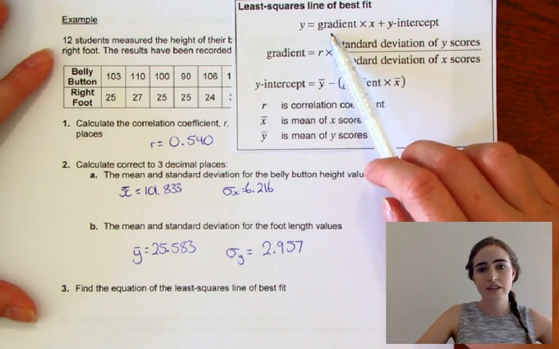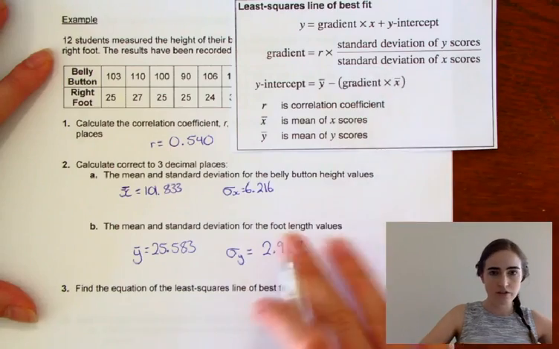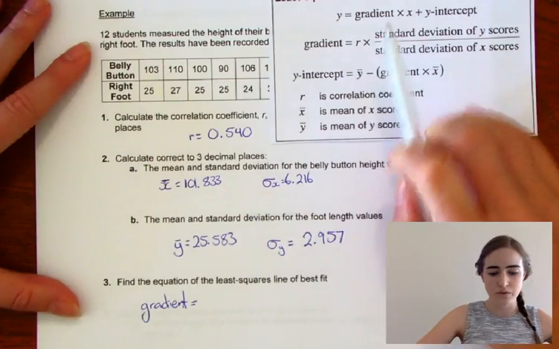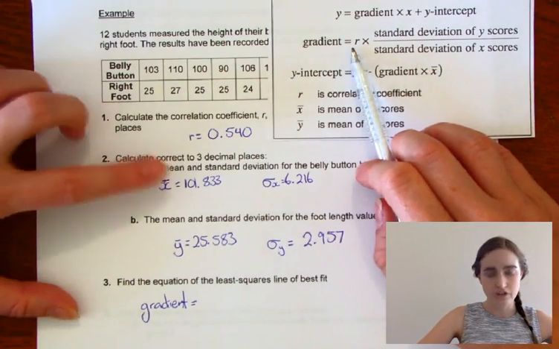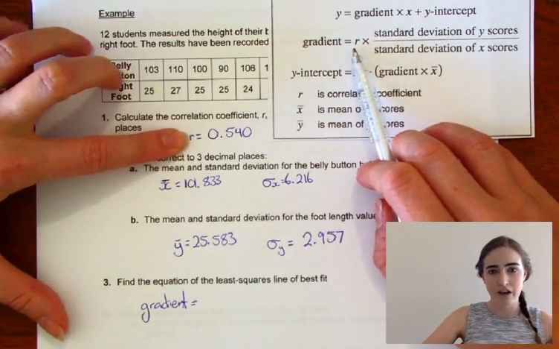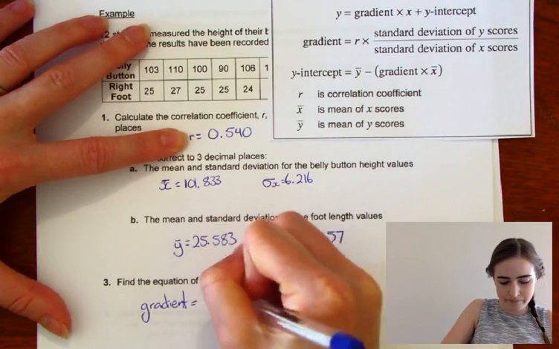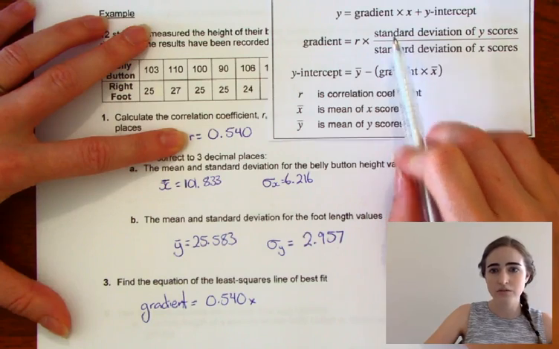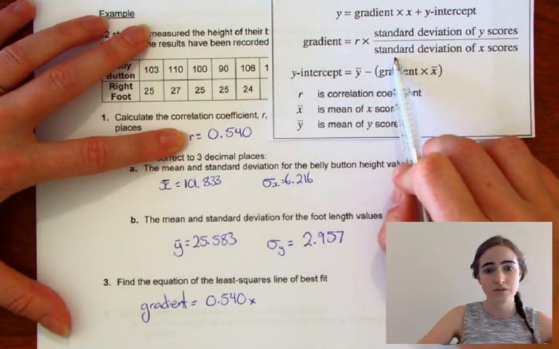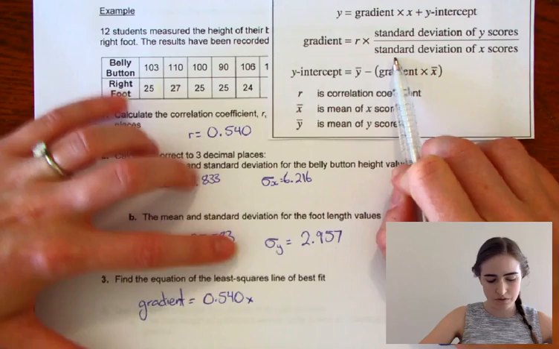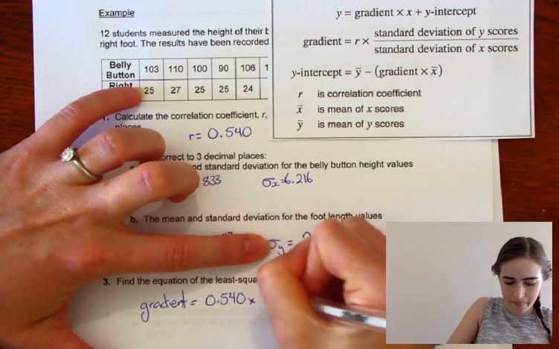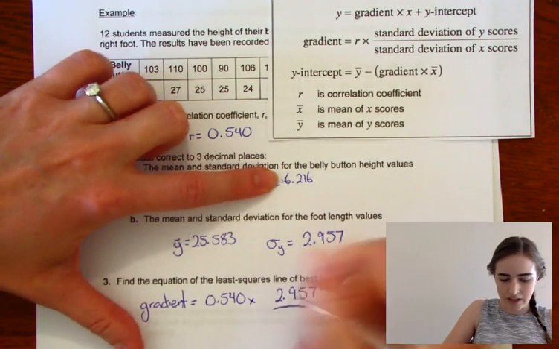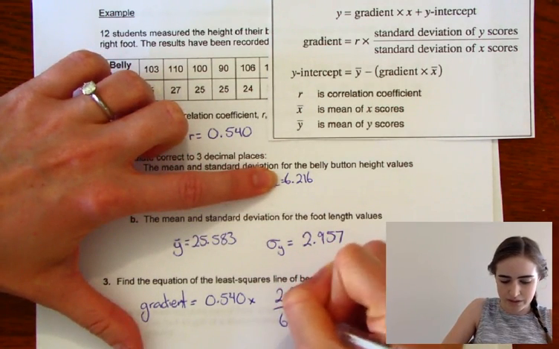So let's go through and find the gradient first. So the gradient is going to be equal to R, which is our correlation coefficient, so that's 0.540, times the standard deviation of the y-scores divided by the standard deviation of the x-scores. So the y-scores was that 2.957 divided by the standard deviation of the x was 6.216.